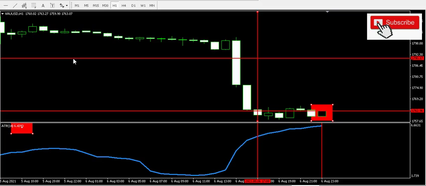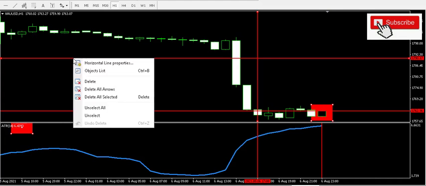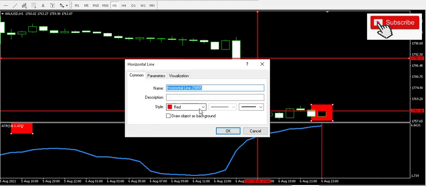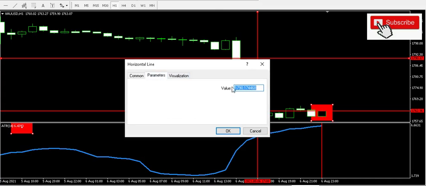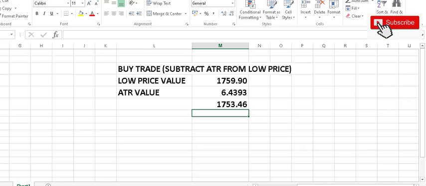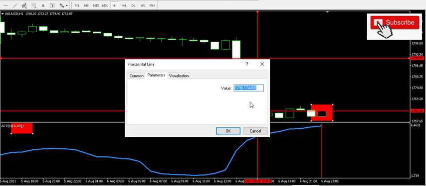Let's change the horizontal line to another color for stop loss. Yellow. If I go to the Excel, 1753.46.